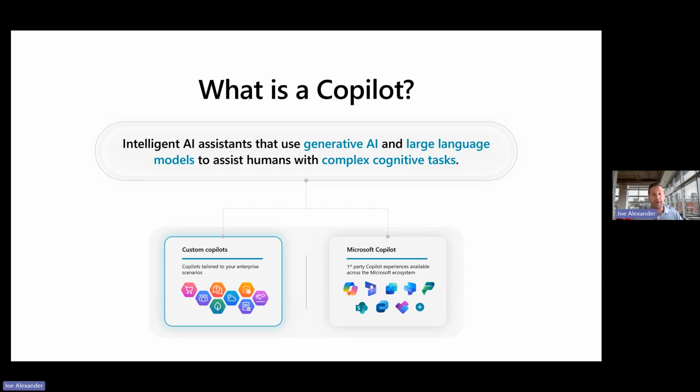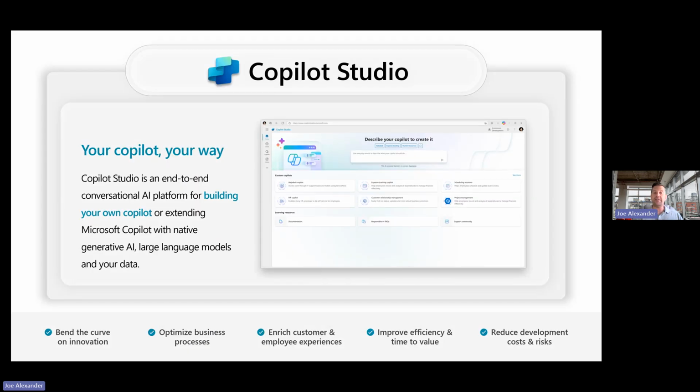Those can be Microsoft copilots, first-party copilots like M365 or any of the copilots that appear in a number of our different applications that are out there. But really, it's designed to be an assistant that can help you through really any application or business use case. Now, where Copilot Studio fits in is that Copilot Studio is the low-code, no-code front-end platform for building these copilots or extending current copilots that you have, like M365 Copilot, right?